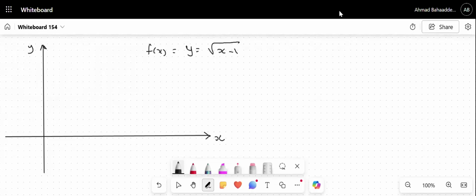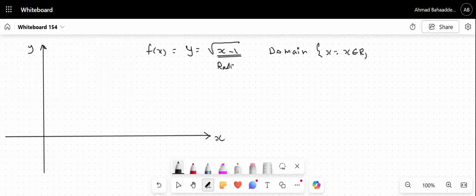And according to the graph of this, basically, we need to know that the domain in here, guys, I'm just making the domain is x such that x is an element of real numbers. So basically, we are going to take the radicand, which is underneath of the square root.